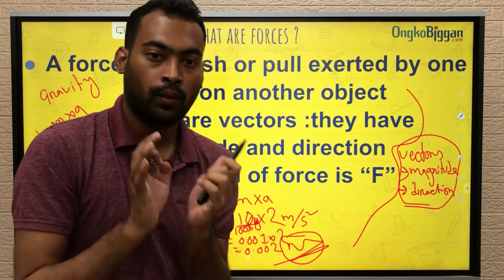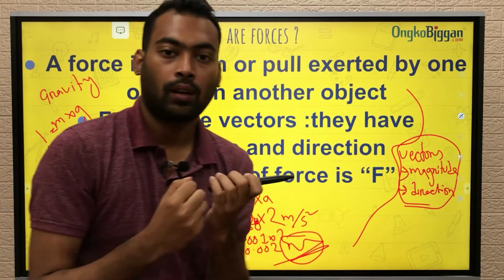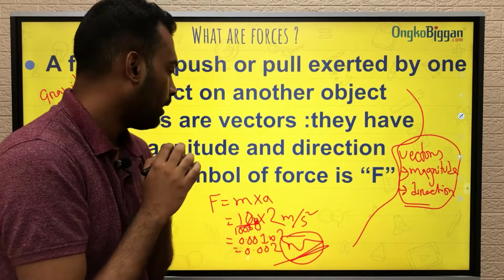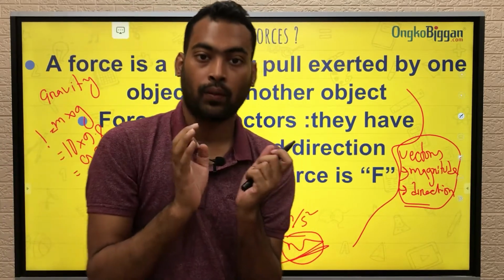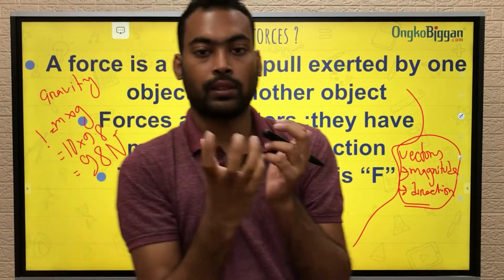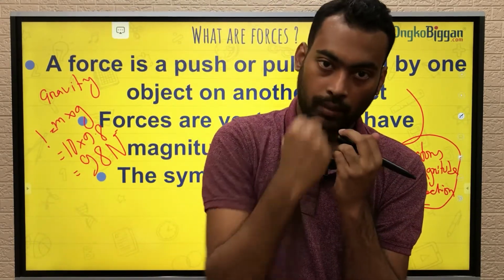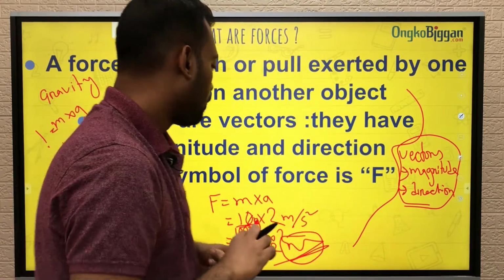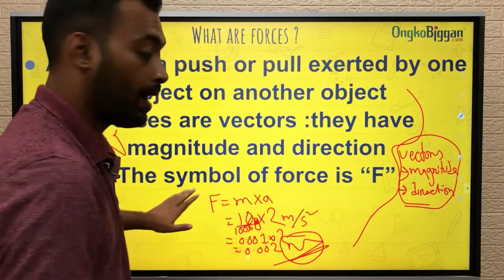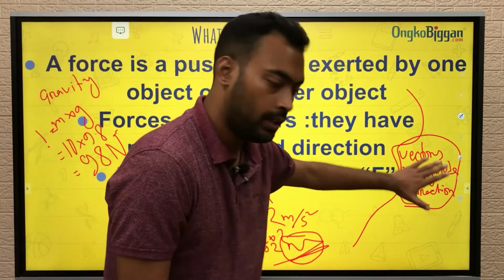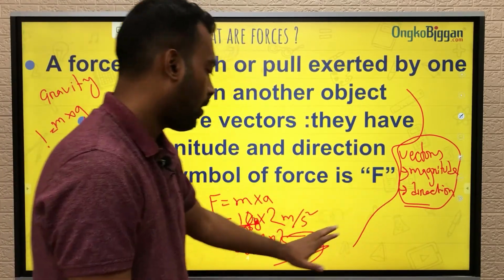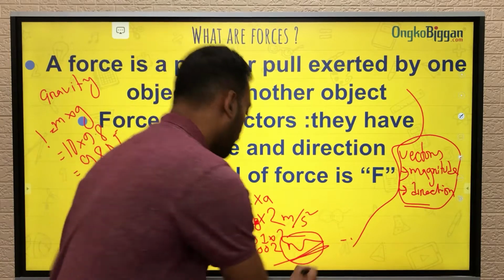So the gravitational force works in the downward direction. And it also has a magnitude, because with a certain magnitude it is pulling towards it. So that's why we say that force is a vector, as it has both magnitude and direction. Now, the symbol of force is F, and the unit is Newton.